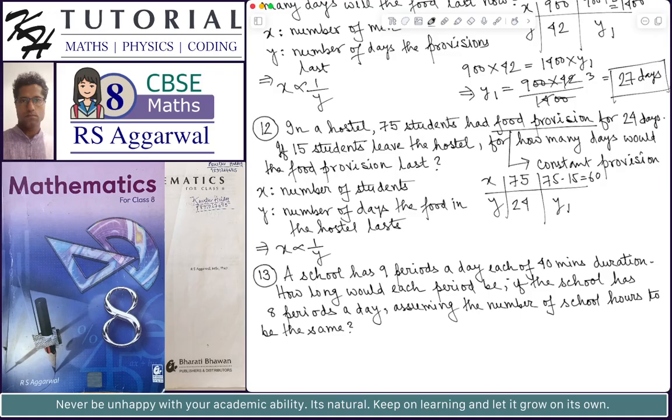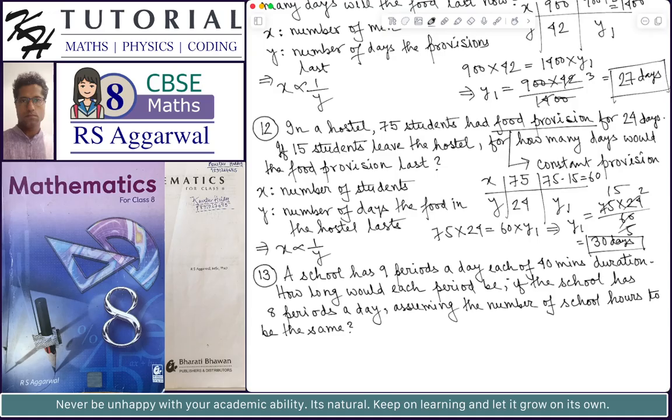So we can say that 75 multiplied by 24 is equal to 60 multiplied by y1. So this implies y1 is equal to 75 multiplied by 24 divided by 60. So 12, 5, 12, 2, 5, 5, 15, which is 30 days.